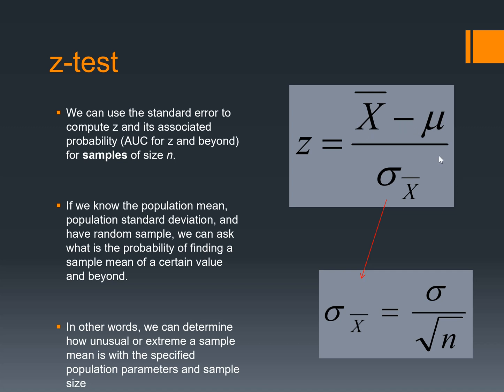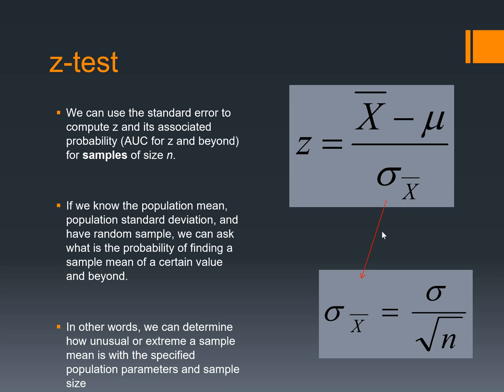The alternative could be a non-directional alternative where we're just saying that the two means are different from each other, or a directional alternative where we're saying the population from which the sample mean comes is significantly greater or significantly lesser than the population mean we're comparing it to.